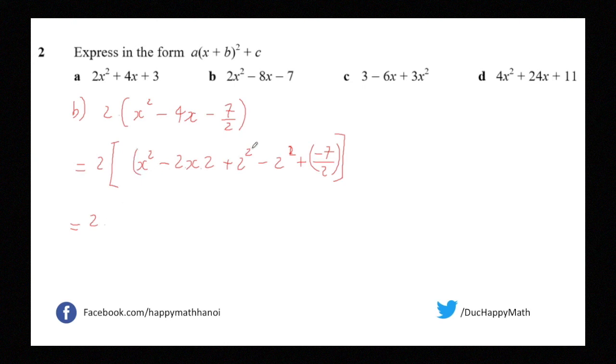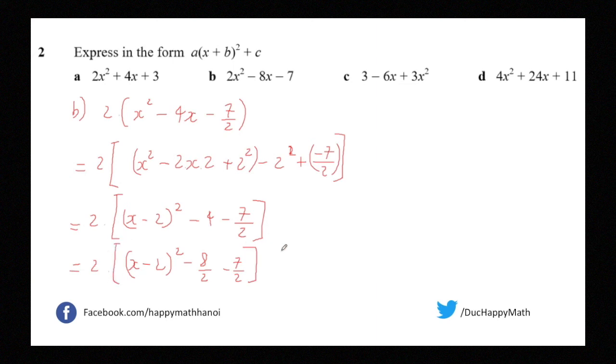The first three terms in this expression equal x minus 2 square, and minus 4 minus 7 over 2. So this means x minus 2 square, minus 15 over 2, and then 2 times x minus 2 square and minus 15 over 2.